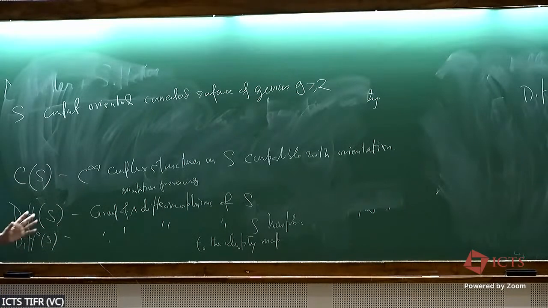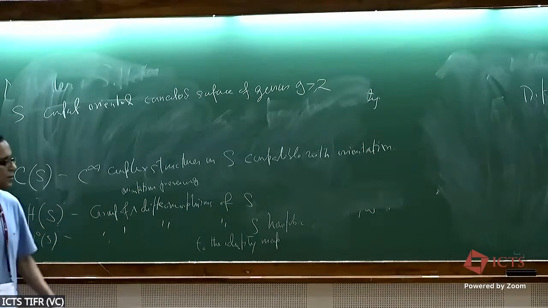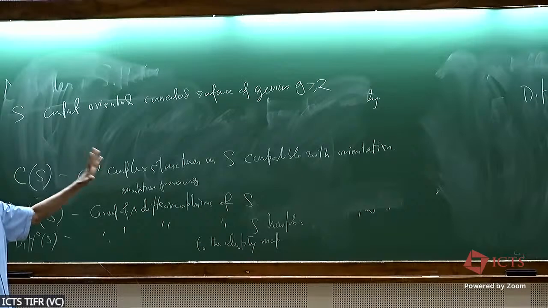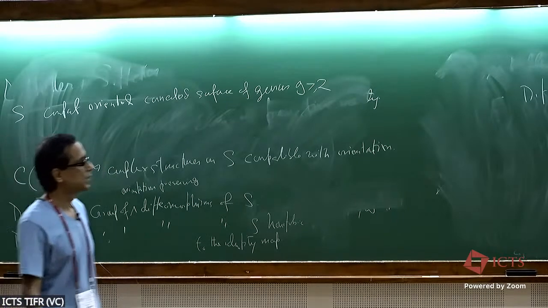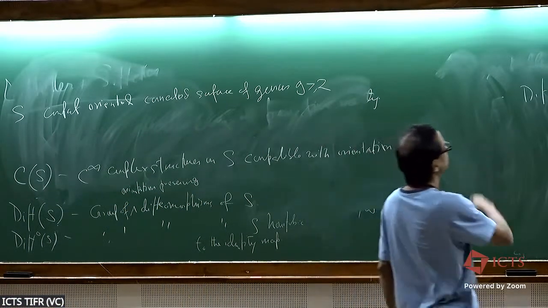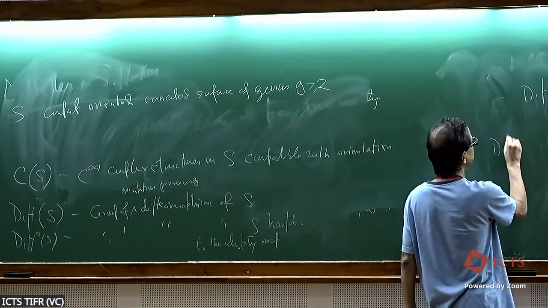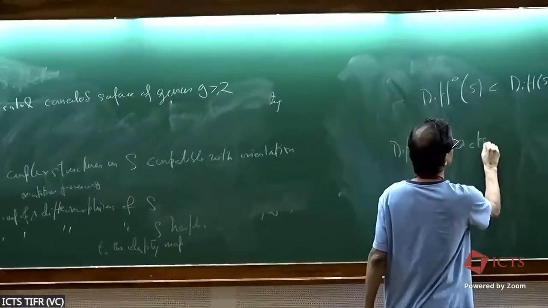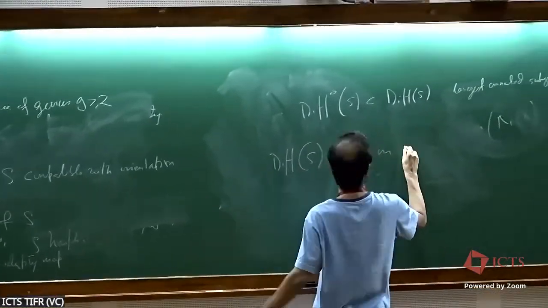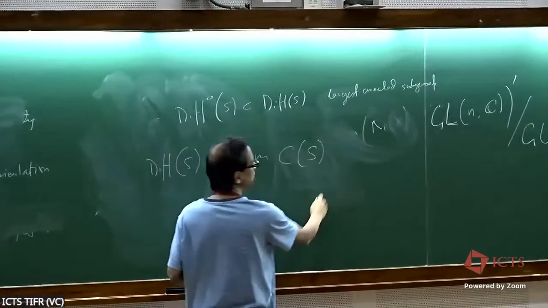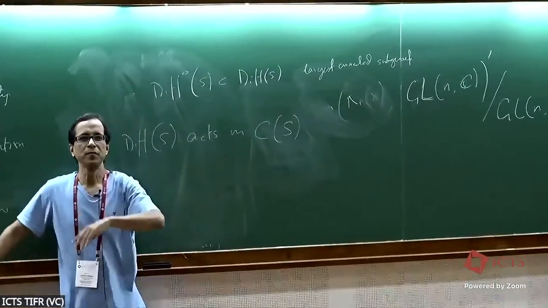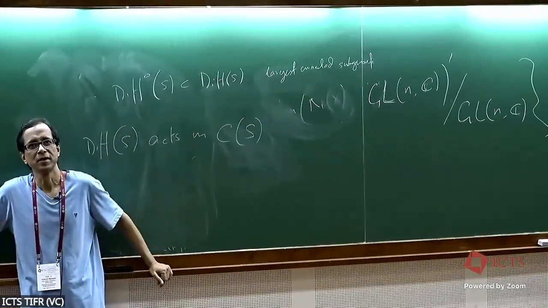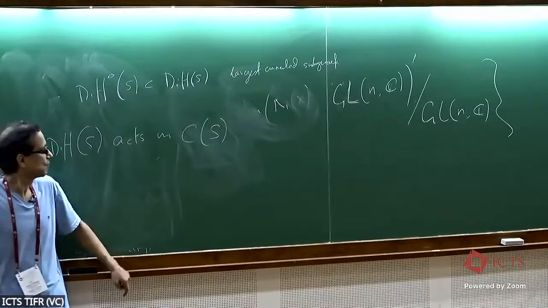I will always mean orientation preserving whenever I talk about diffeomorphism. And whenever I talk about complex structure, I mean compatible with the orientation. So Diff S acts on C_S. By a diffeomorphism, you can pull back the complex structure, you get a new complex structure.